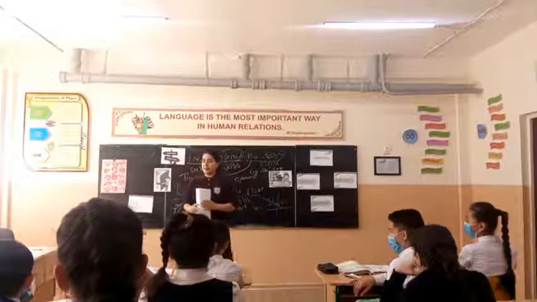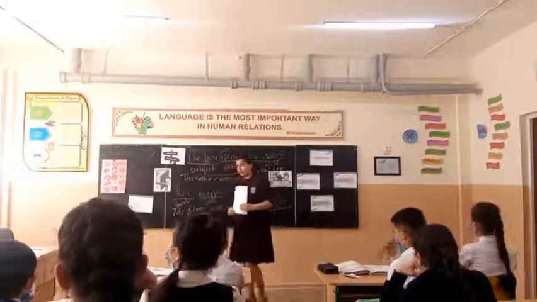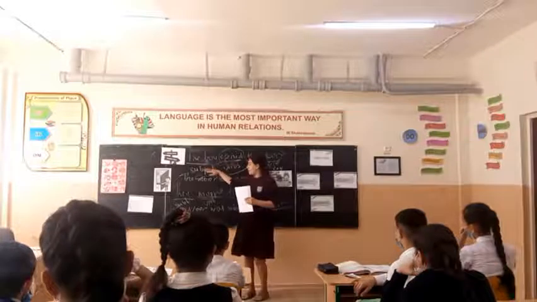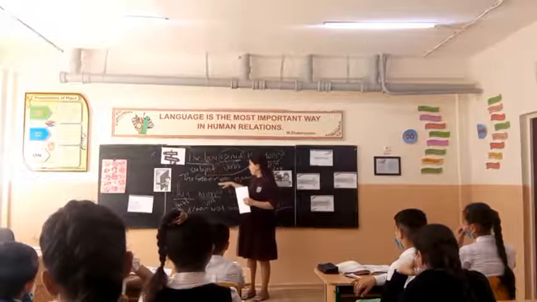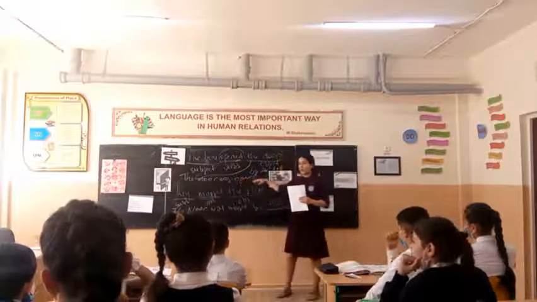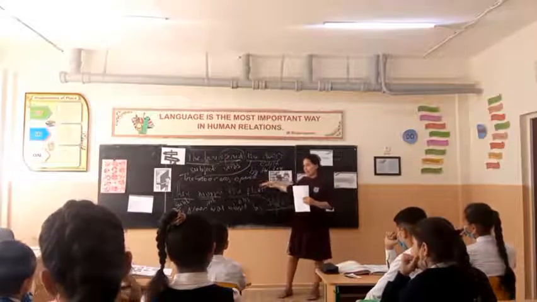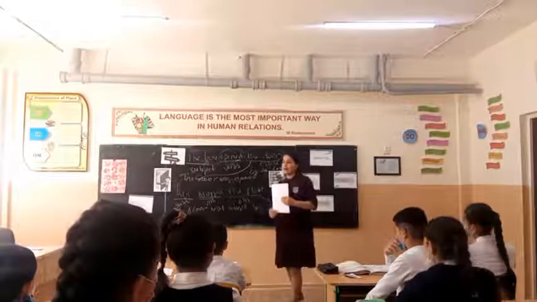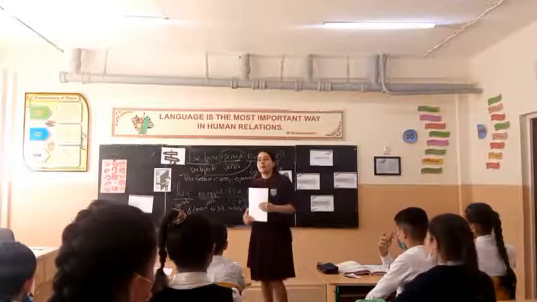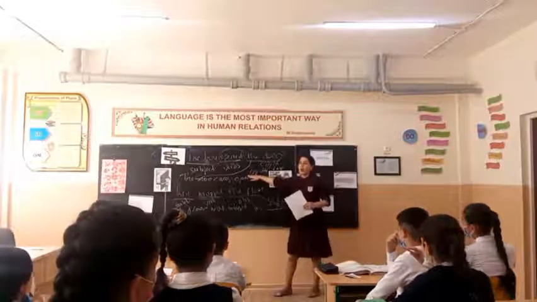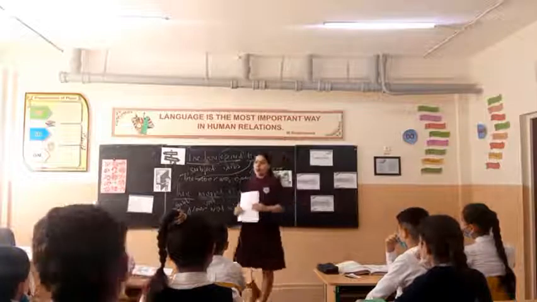We make passive voice: first the object, second the verb to be, and third the verb in the past participle form, right? Yes. And then after that, the subject. The subject can come with which preposition? With by. You are very correct.